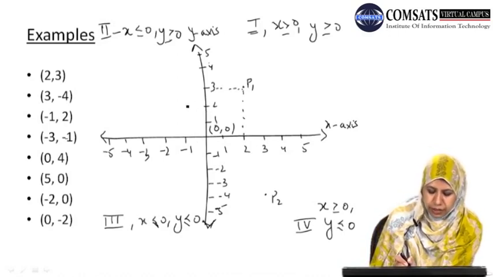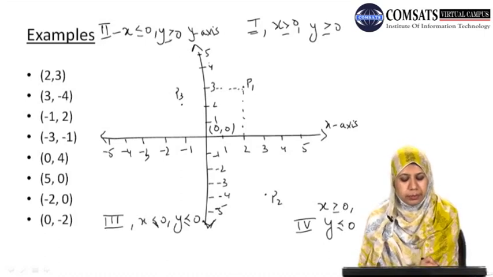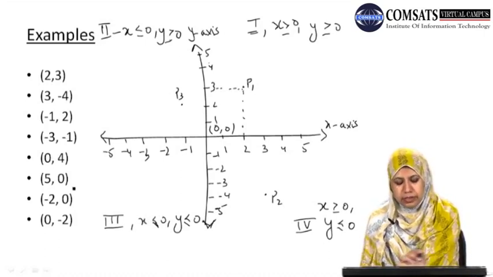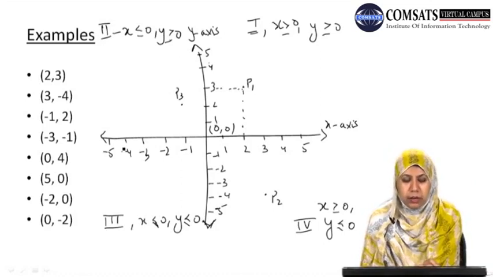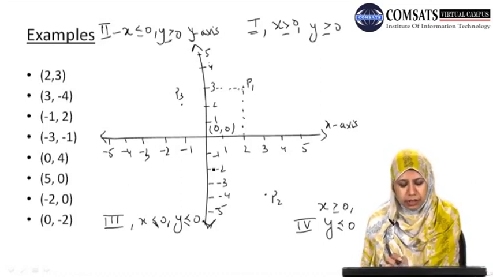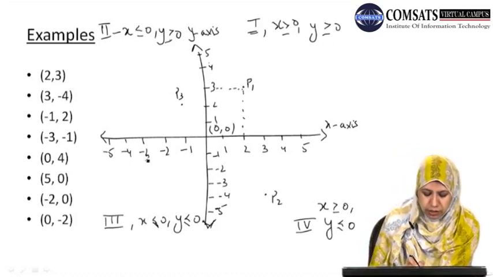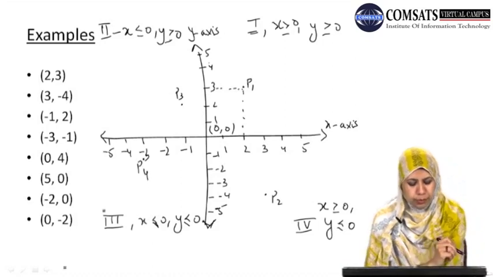So we are in the second quadrant. The point lies in the second quadrant. Fourth is (-3, -1), means x is negative and y is also negative. So the point lies in the third quadrant, that is this point P4.